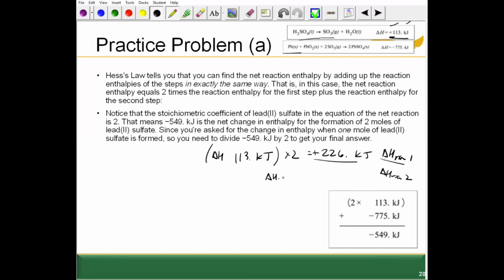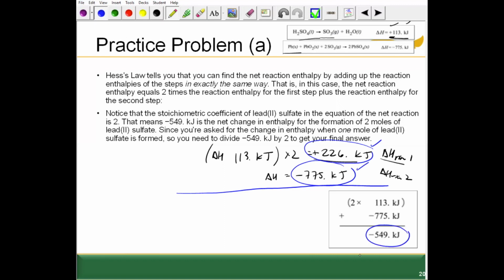So this one is still a negative 775 kilojoules. Now, based on Hess's law, we can add these two together. We had to multiply this one by 2, then this one stays the same. That comes out to negative 549 kilojoules.